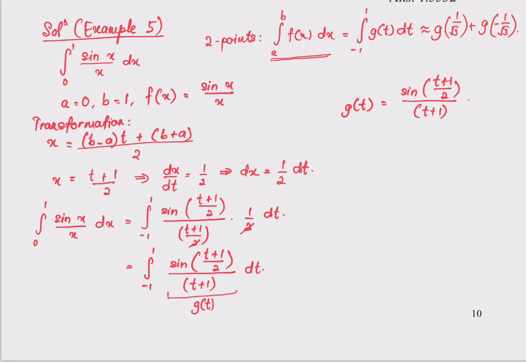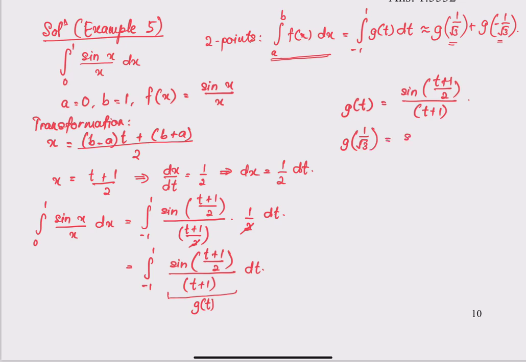And what we need to know is the value of this function g(t) when t is equal to 1/√3 and also -1/√3.